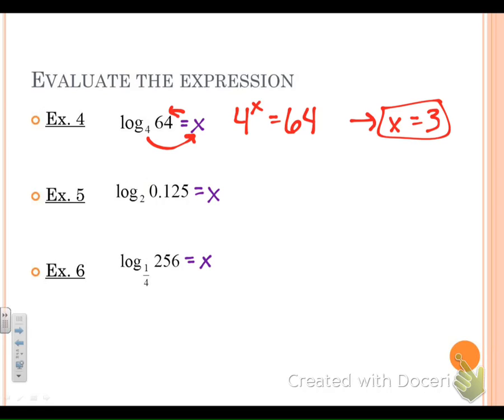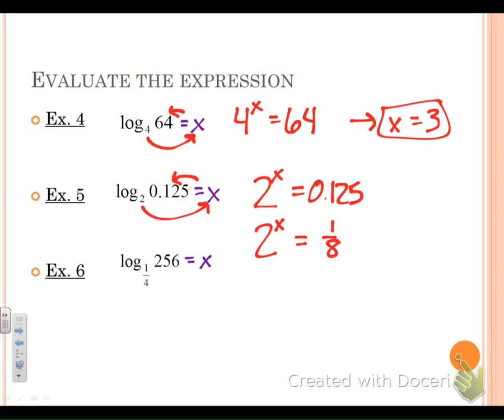In example 5, if we move things around, 2 to what power equals 0.125. Let's think about this. Wait a second. 0.125. Let's get that as a fraction. Should be 1/8. So 2 to what power gets us 1/8? Wait a second.